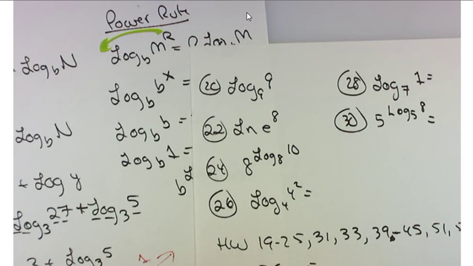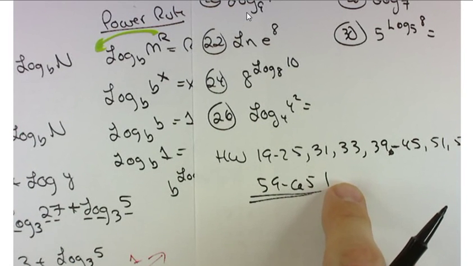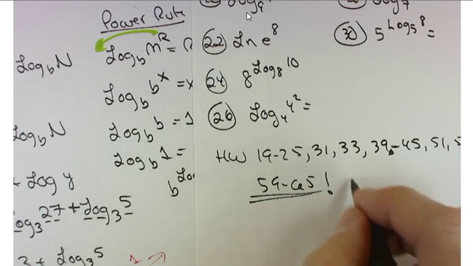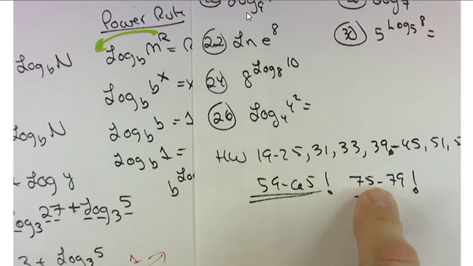Don't skip these. You'll definitely have problems on an exam coming from that set of the homework. 75 through 79. Same thing. There's going to be some that I'm going to ask you to rework in the opposite direction.